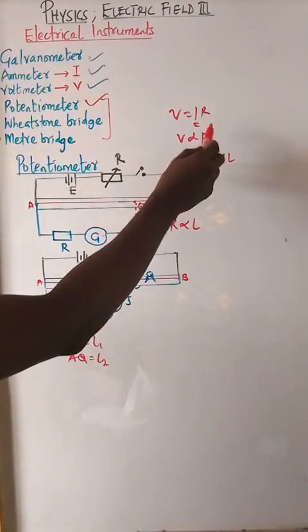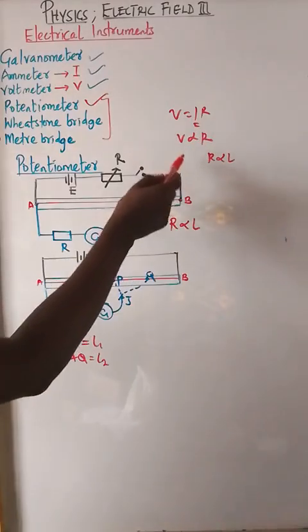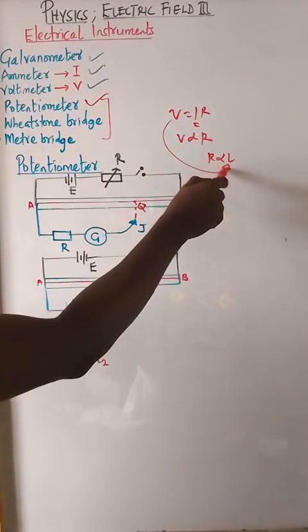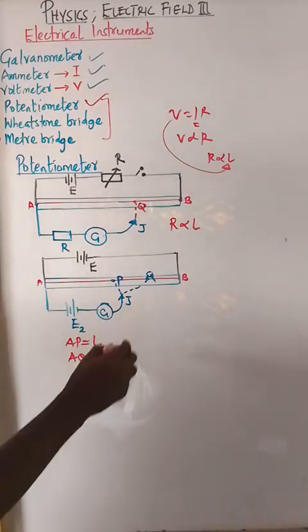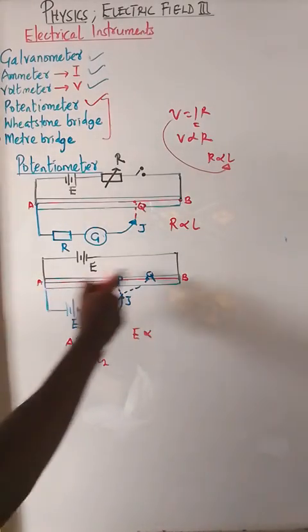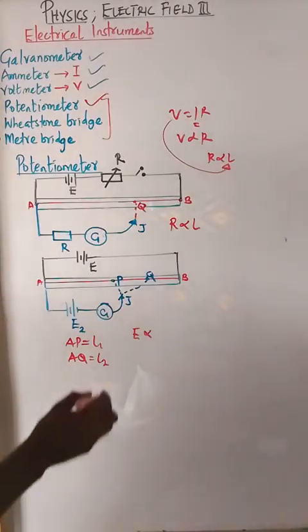Now from this relation, the voltage and the length have a direct relationship. So E1 is proportional to the length. Same thing goes for E2.